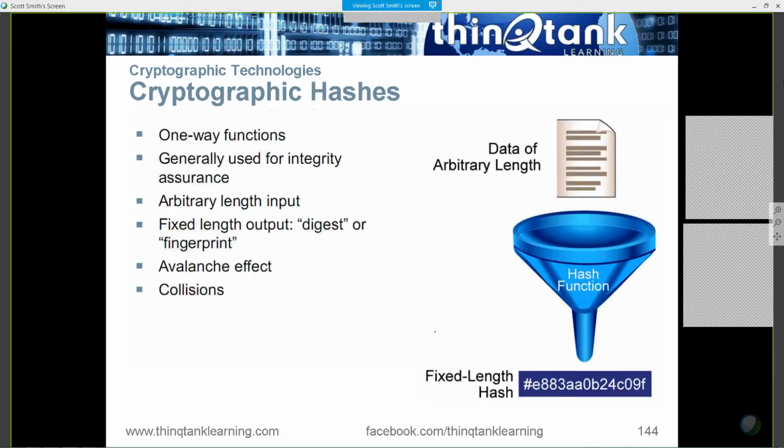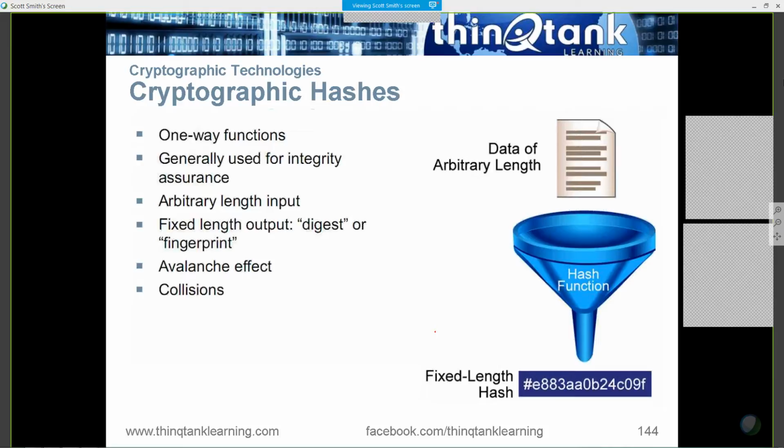Hashing functions are a one-way function, so they're a very simple mathematical operation that provides us the ability to do something. And it's a mathematical function, but it's very difficult to reverse. In fact, it's nearly impossible to reverse. You take an arbitrary amount of data, you run it through the hashing function.